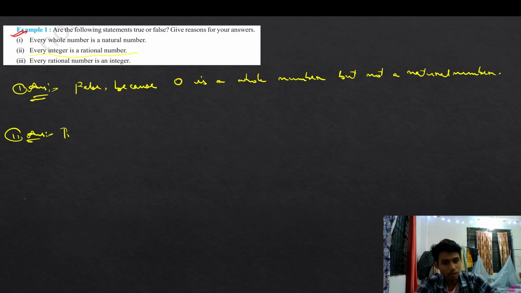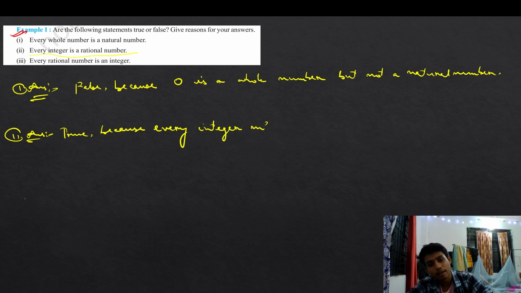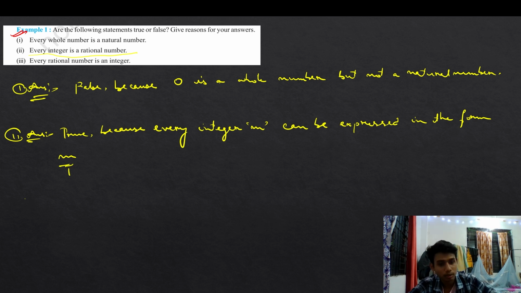The answer is true, because every integer m can be expressed in the form m by 1. So in the form m by 1, it is a rational number.